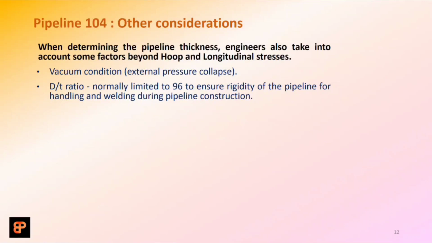D by T ratio. It is nothing but the thickness of the pipe cannot be too low, because then pipe can become very flimsy and non-rigid, and then during the welding and installation and lifting of the pipe it can become impractical.